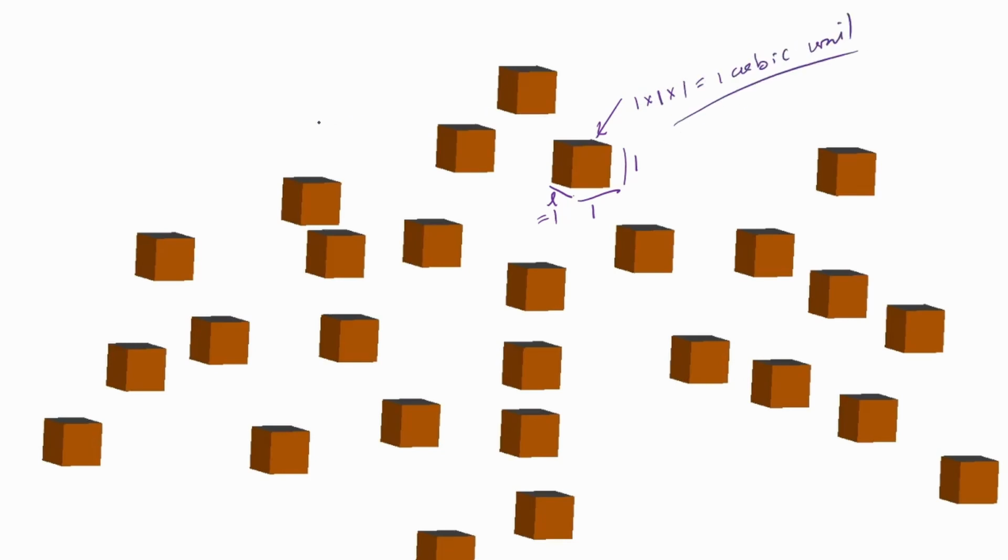So there are actually 27 such cubes, and each cube is of 1 cubic unit. So what will be the total volume of the bigger cube? That will be equal to 1 plus 1 plus 1 plus 1, etc. So if there are 27 cubes, then it will be 27 cubic units, the volume of the bigger cube.